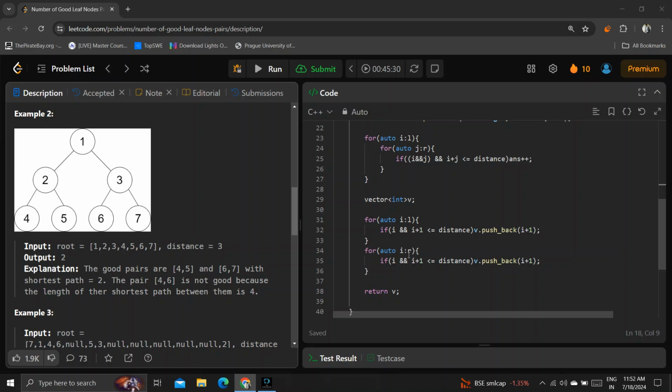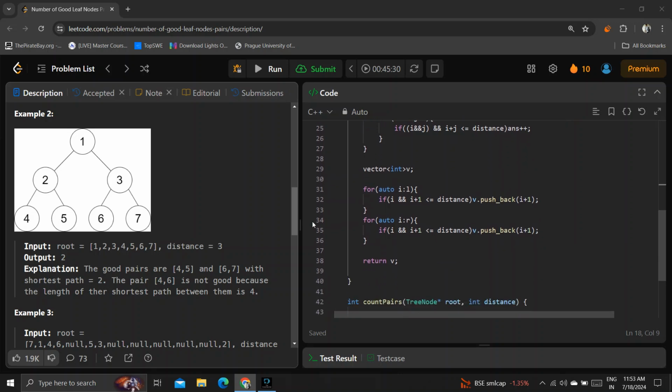So the path distance for this is 2 and for this is 2, and 2 is less than or equal to 3. So from this particular tree we receive a vector of 2 and 2.